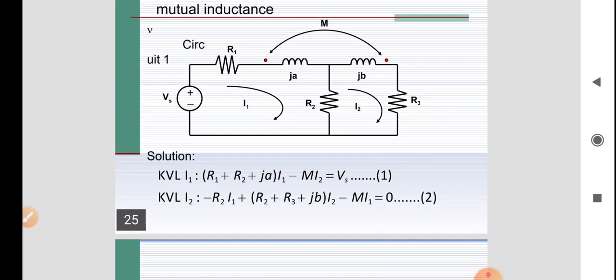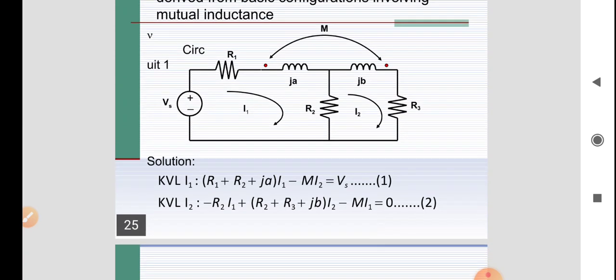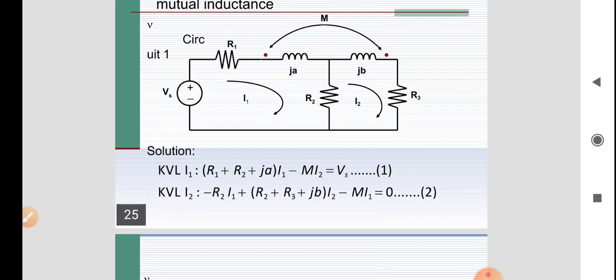Finding the unknown currents is not difficult, but writing the corresponding KVL equations of mutual inductance with dot conventions is important. That is the reason in this session I am going to discuss only how to write the expressions for mutual inductance using the dot convention method.